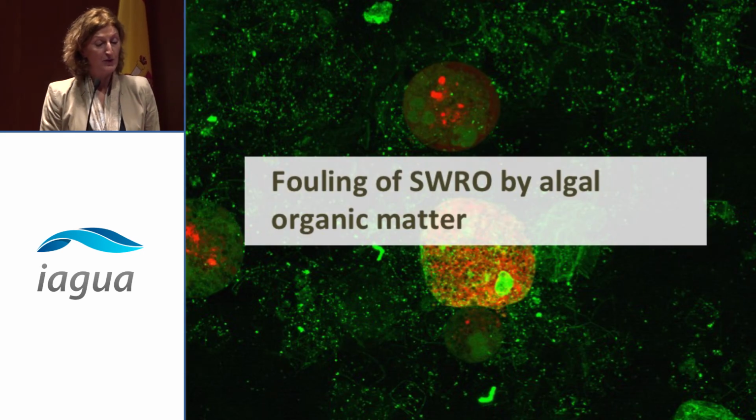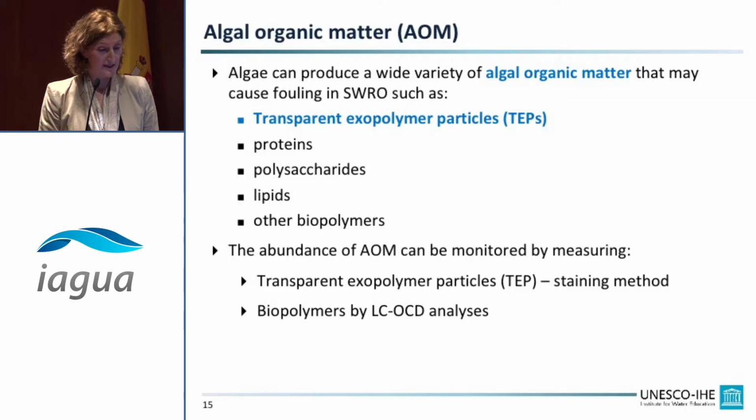Now, what does fouling look like on a seawater RO during an algal bloom? Well, we're going to start here again. We said that when we look at algal organic matter, which is what the algae actually release, it contains a wide number of compounds. So I mentioned these transparent exopolymer particles, TEPs, which are of great concern, but also the algal organic matter contains proteins, polysaccharides, lipids, other biopolymers.